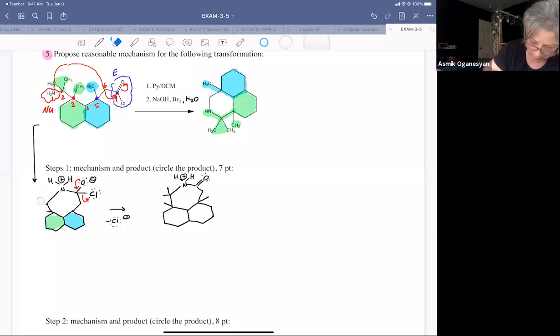Doesn't look pretty, so let me prettify the structure just a bit. Okay, so now my nitrogen is still protonated, so I'm going to bring in pyridine. That's a good base. Abstract that extra proton. Return the electrons onto nitrogen.